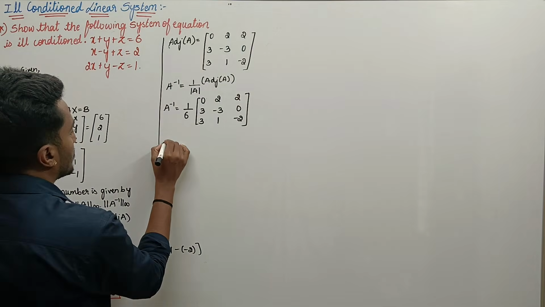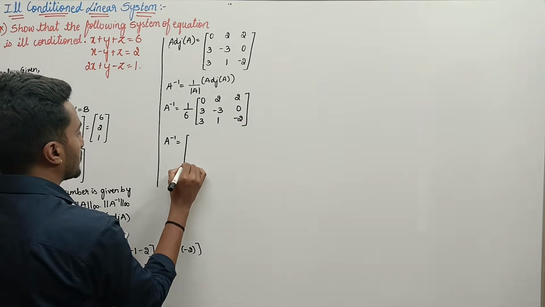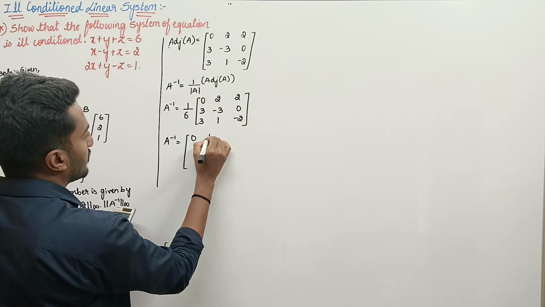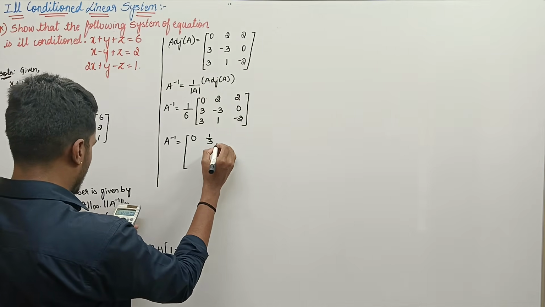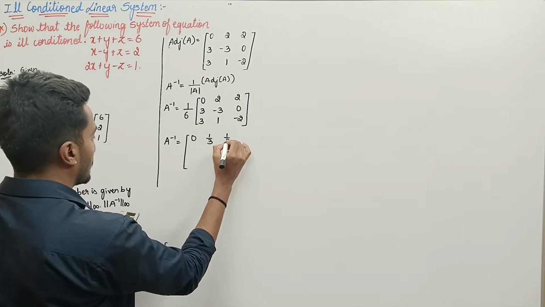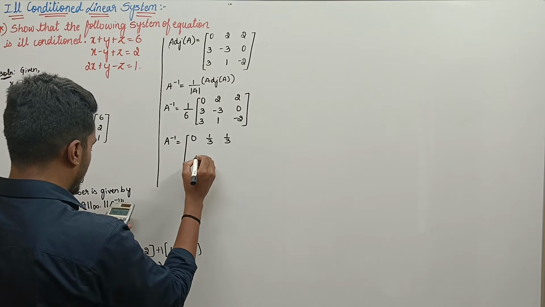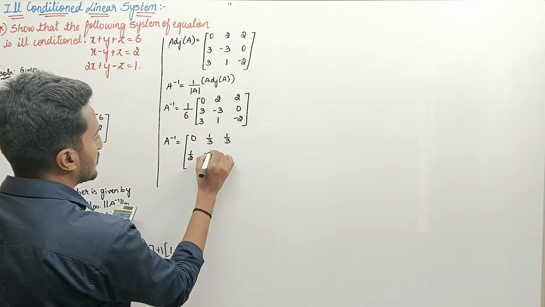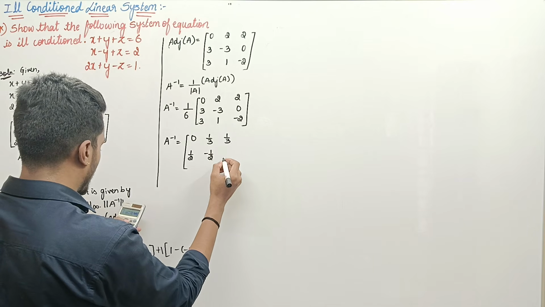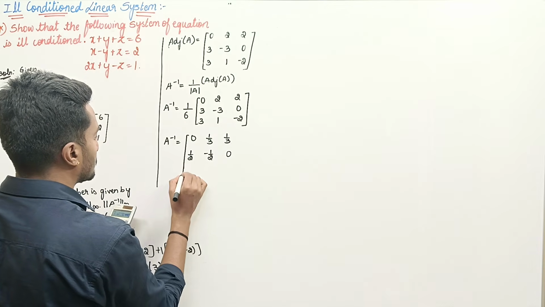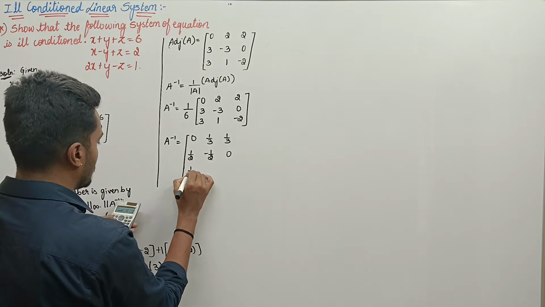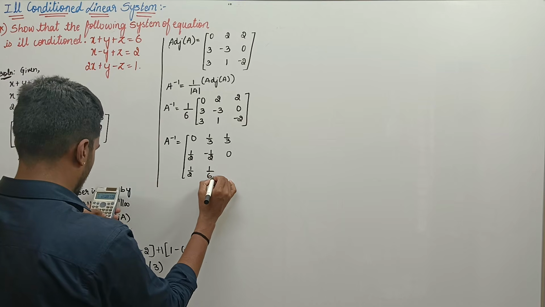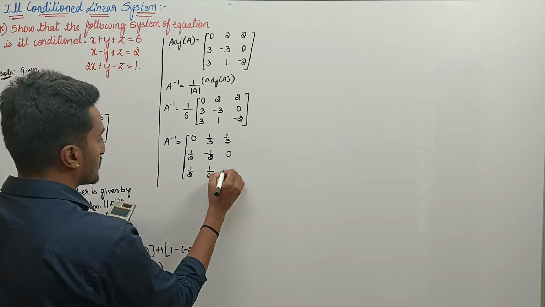Okay, done. That is A inverse, which is equal to: first row 0, 1 by 3, 1 by 3; next 1 by 2, minus 1 by 2, 0; next 1 by 2, 1 by 6, minus 1 by 3.